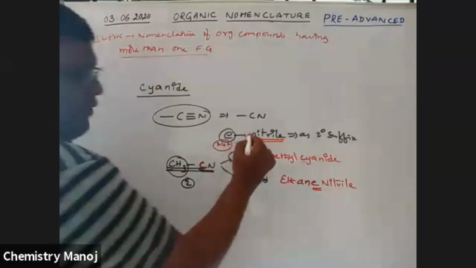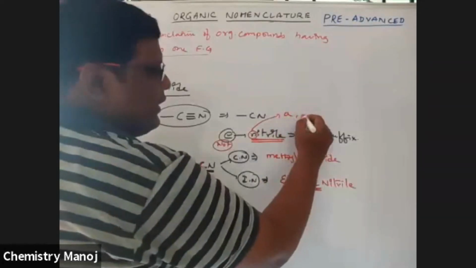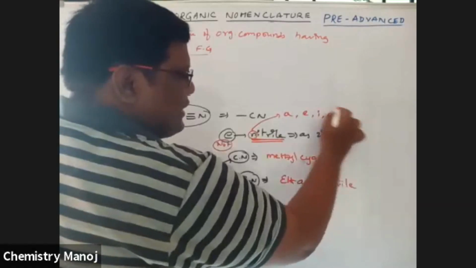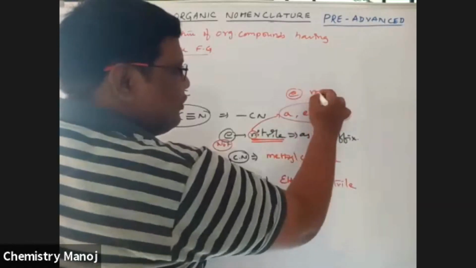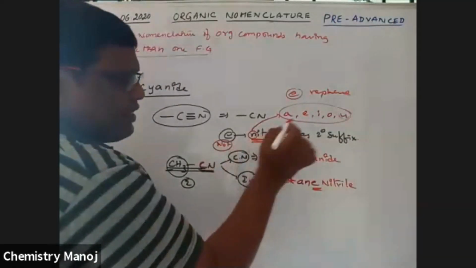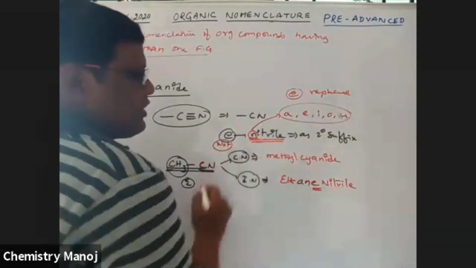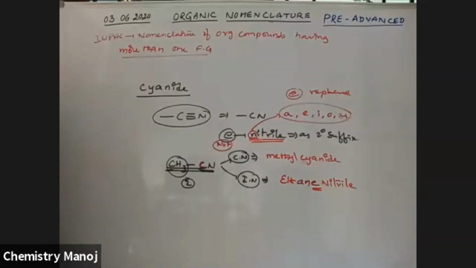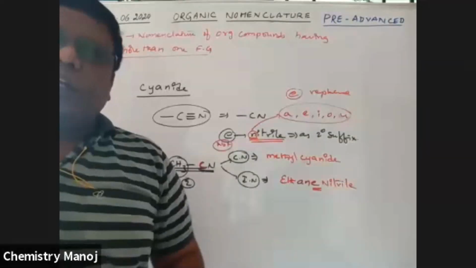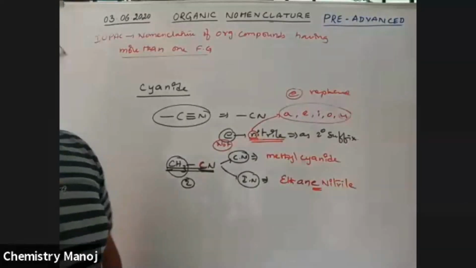If a functional group name starts with a vowel, that is A, E, I, O, U, then E is replaced. If it is a consonant, here N is a consonant, E is not replaced. So E is retained, continuation, nitrile is used. So ethane nitrile is the name.